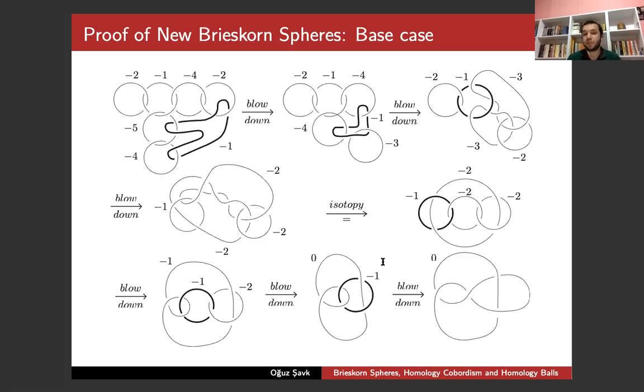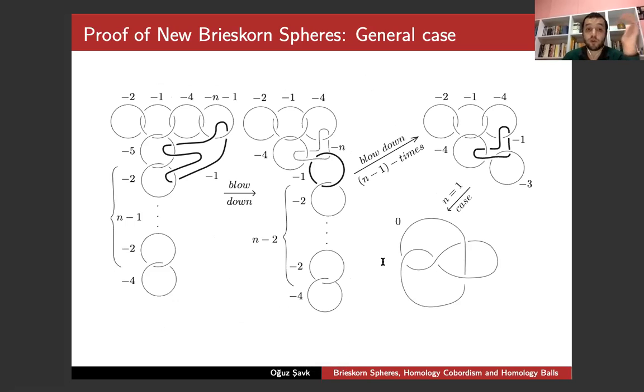How about the general case? We first of all, again, blow down the -1 black component. As you see in the second picture, there is a -2 chain together with -1, so if you blow down n-1 times, you get the third picture.